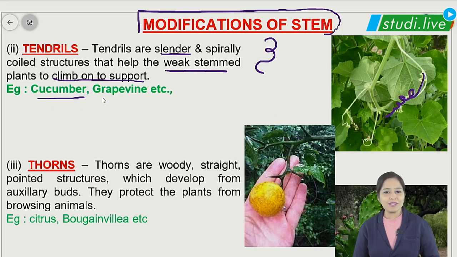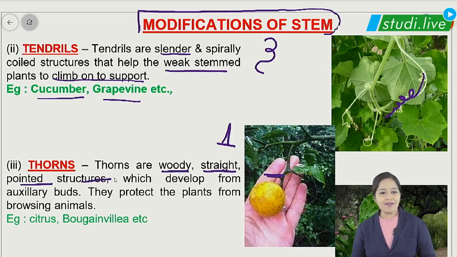Examples for this are cucumber and grapevine. Here we can see they have these curled structures, which are known as tendrils. Then we can see the presence of thorns. These thorns are woody, straight, pointed structures.